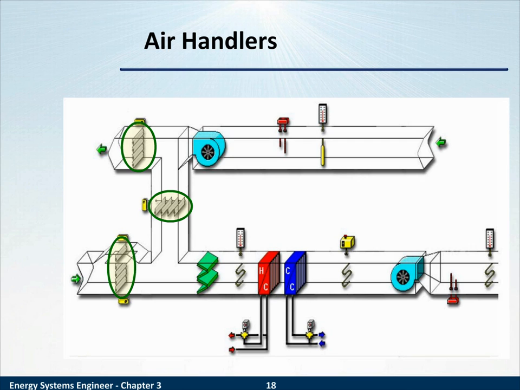What are these components highlighted with the green ovals, these three? These are dampers, followed by this green pleated mechanism is an air filter. You have a heating coil and a cooling coil.